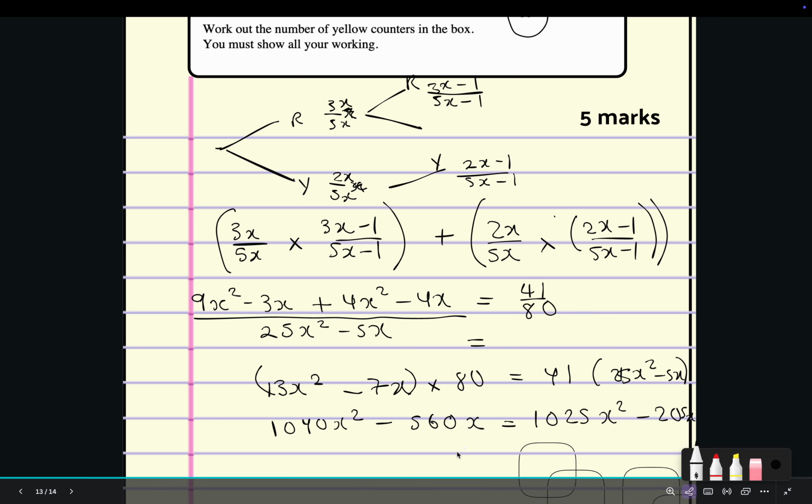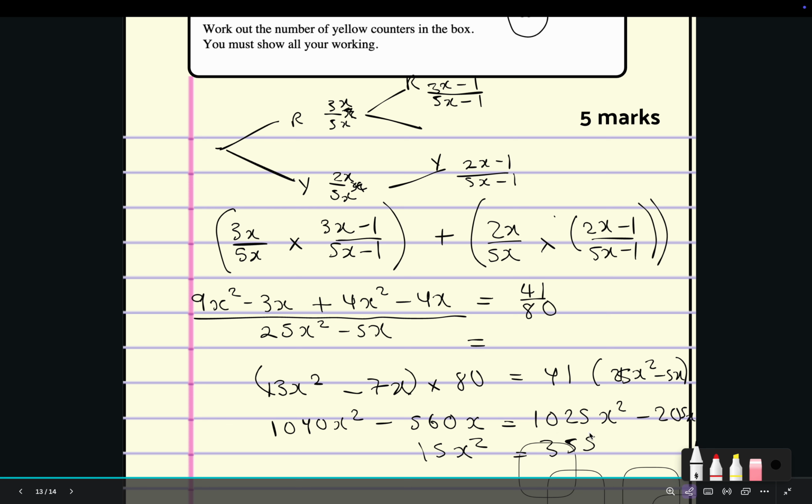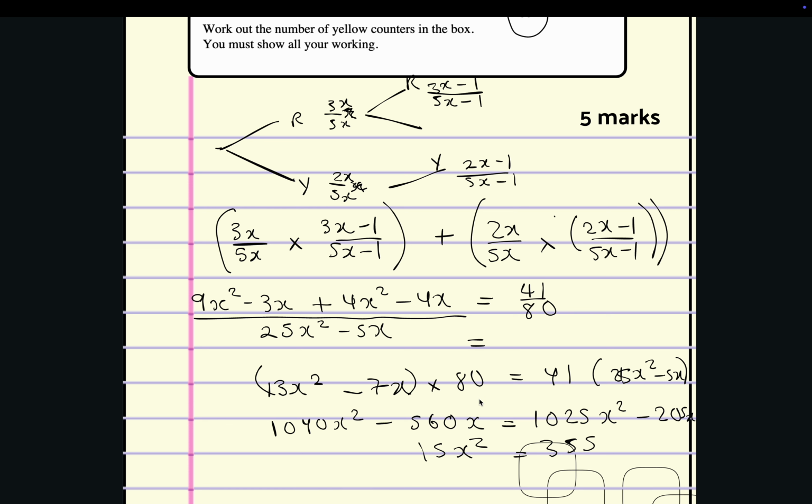So 1040 take away 1025, that's 15x squared. And that's minus 205, add 560. That's 355. So divide that by 15. Oh no, I don't get the right answer. Where have we gone wrong?